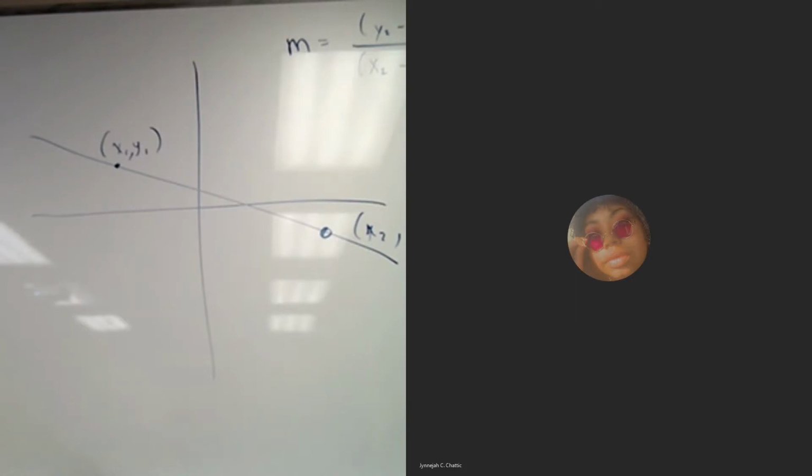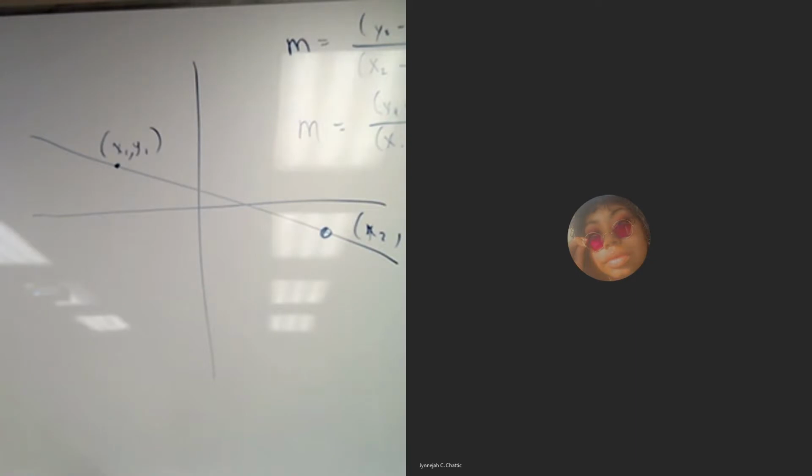If I happen to have the points in the wrong order, did you know that I can do the same thing? I can also do Y1 minus Y2 over X1 minus X2.